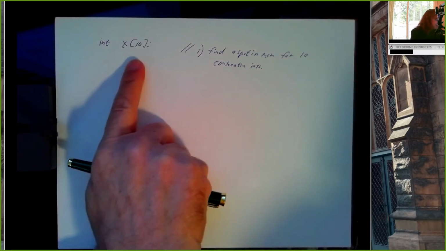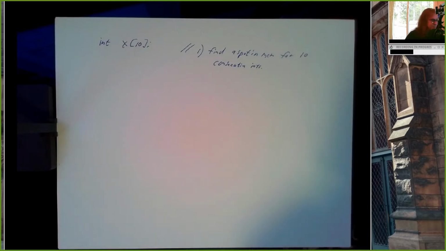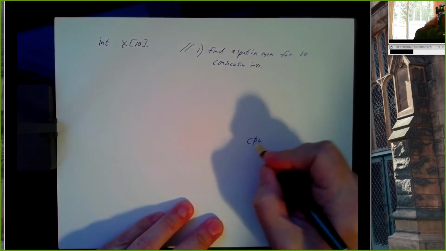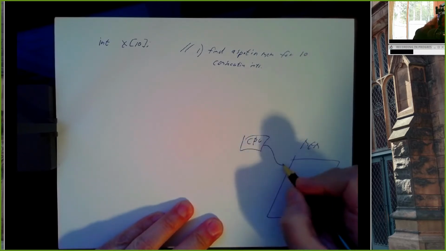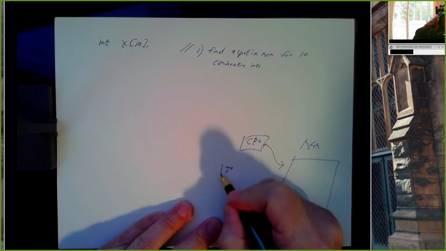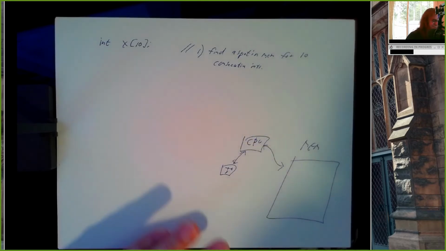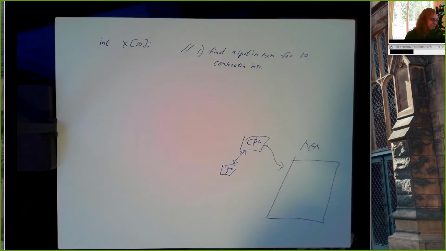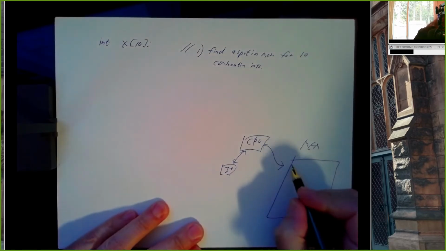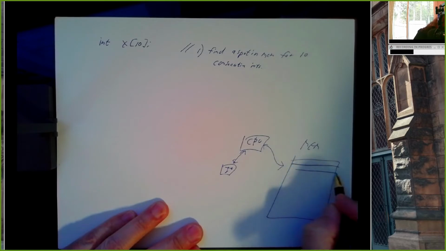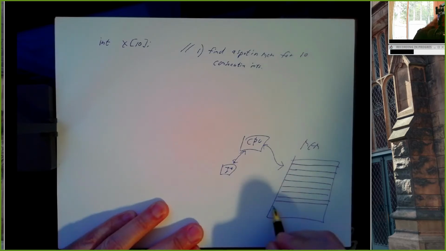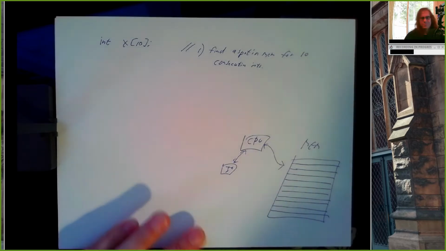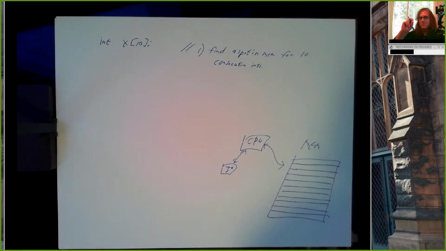So when we say integer x bracket 10, there's our CPU, and there's a memory, and they're connected to each other. We may as well mention there's an I/O subsystem. But that's basically your von Neumann architecture. So what is your memory? We could think of it as a bunch of flip-flops from Engineering 250, a bunch of things that store bits. No, they're not actually flip-flops. They're little capacitors that store a charge.